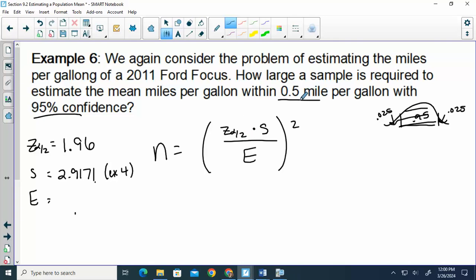I have to be within half a mile. Yeah, so E is 0.5. So N is 1.96 times 2.9171 divided by 0.5, squared.